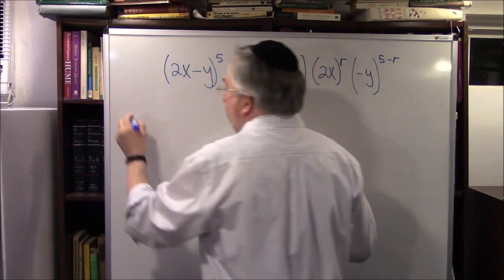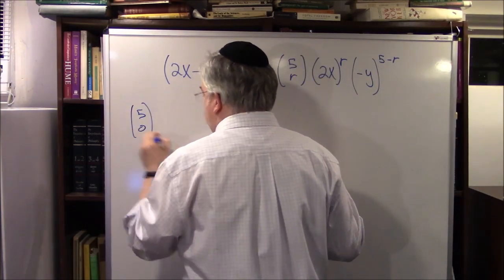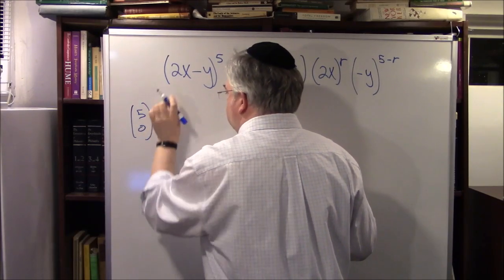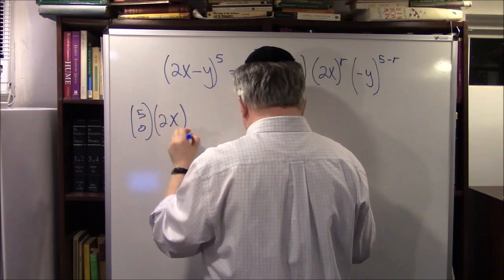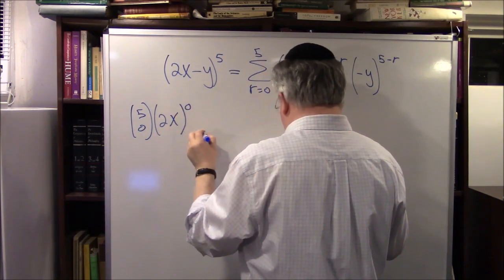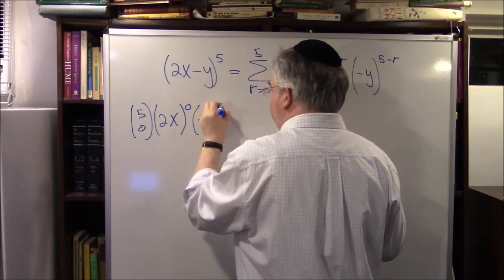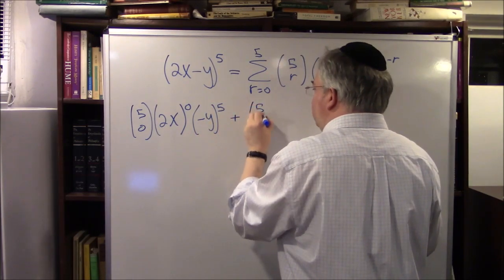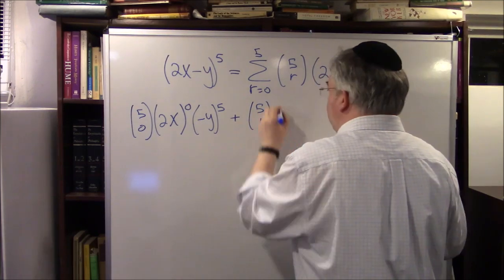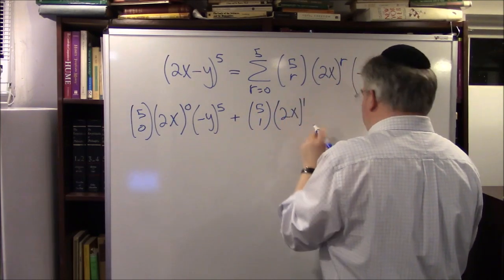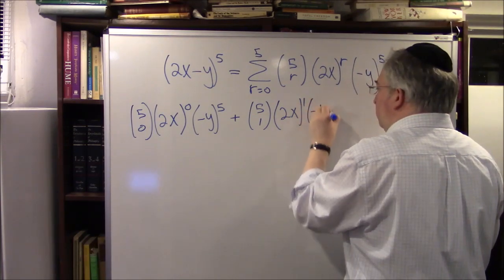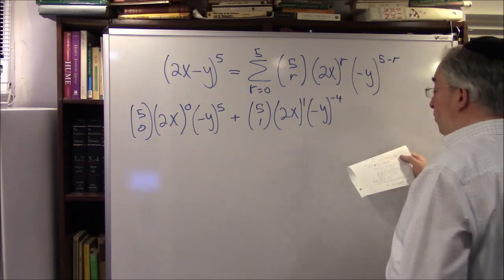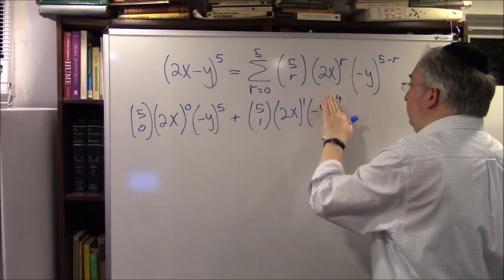This becomes 5 choose 0, times 2 to the x to the 0th power, times minus y to the 5th power, plus 5 choose 1, where you choose one 2 to the x, 2 to the x to the 1st power, times minus y to the 4th power.